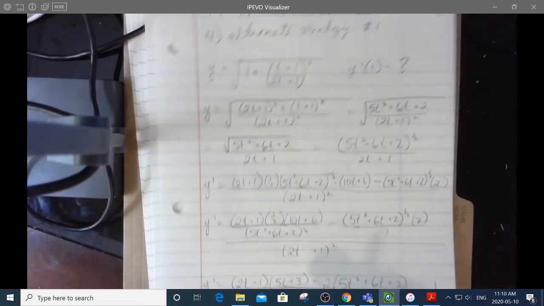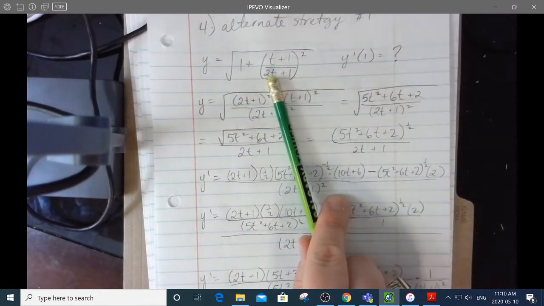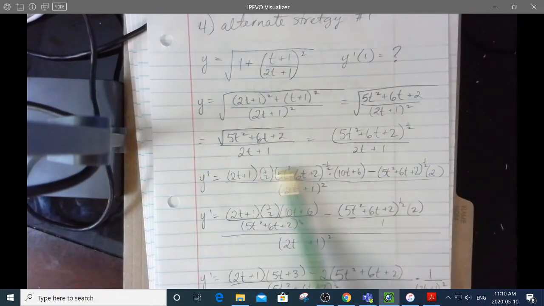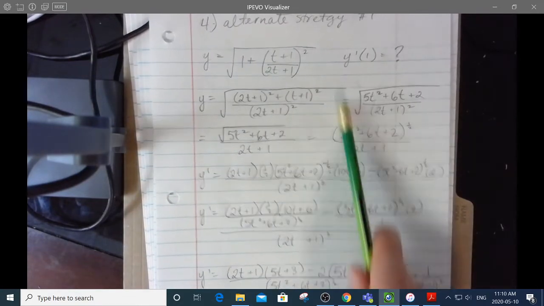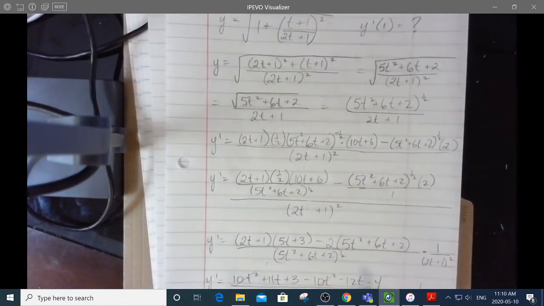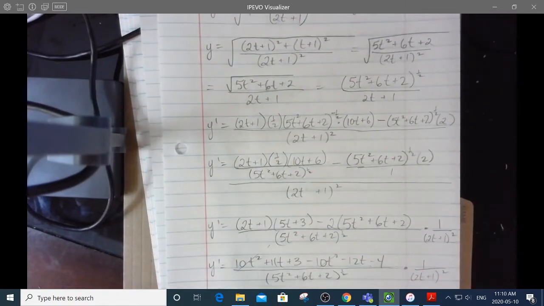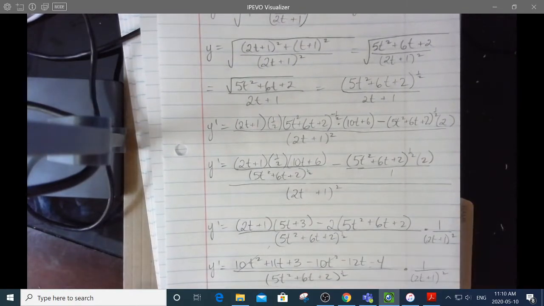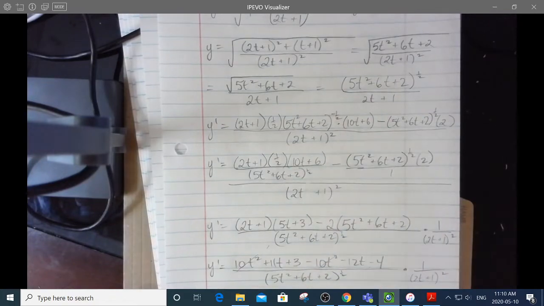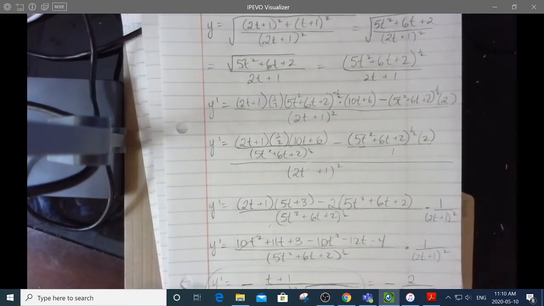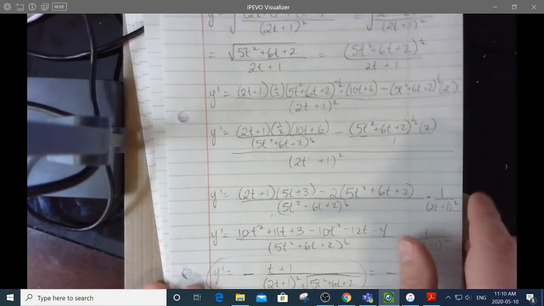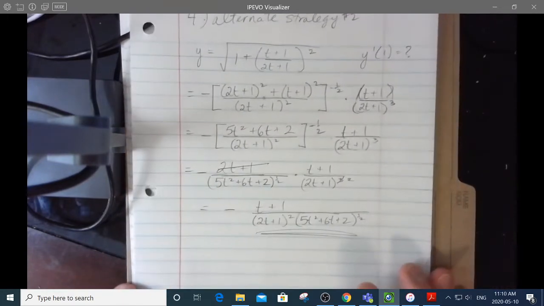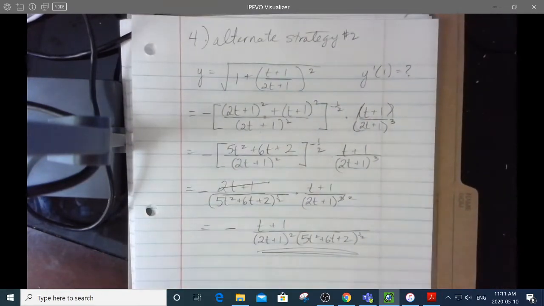Actually plugging in the original function and then using quotient rule then chain rule was by far the least effective of my 3 strategies. Certainly the most work, the most places that I could goof it up and lose a negative or something. So, moral of the story is, try to use the chain rule as soon as you can.